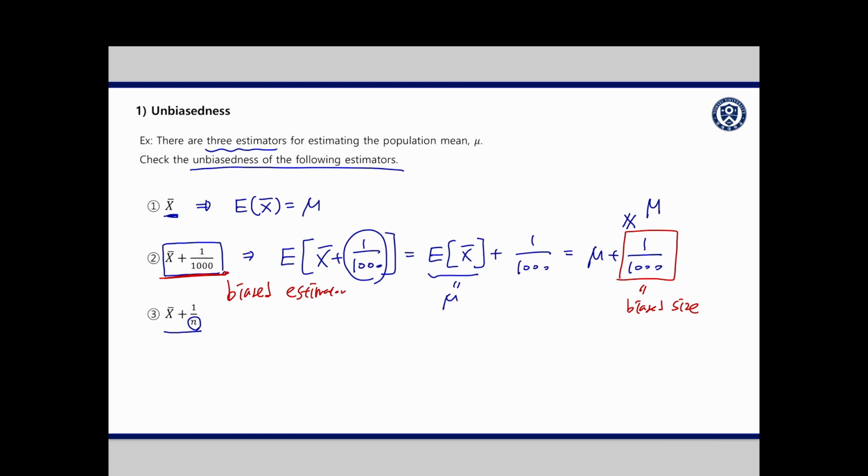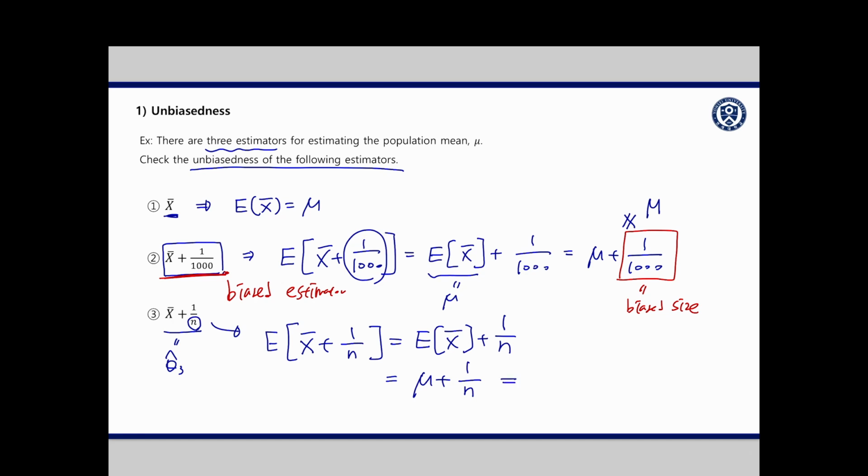And third, the estimator x bar plus 1 over the sample size small n. Its expected value equals mu plus 1 over n, so it is not equal to mu.